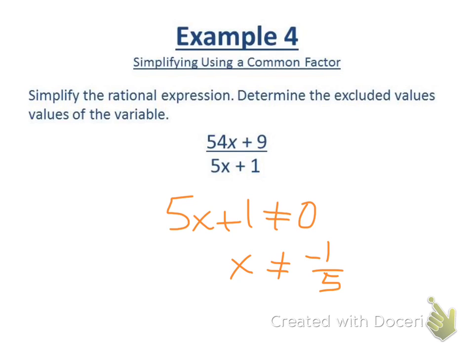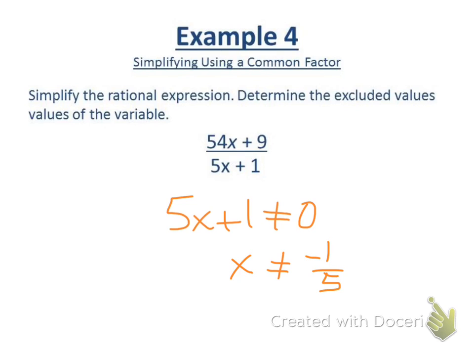Now, where you're going with this is going to be different. Have we followed the directions of this assignment? What did the directions say here? Simplify the rational expression, then determine the excluded values of the variable.